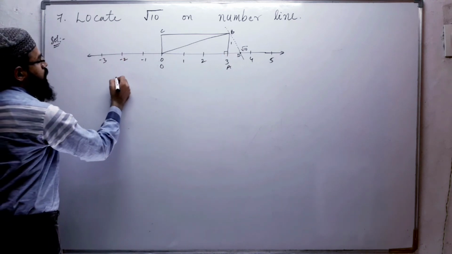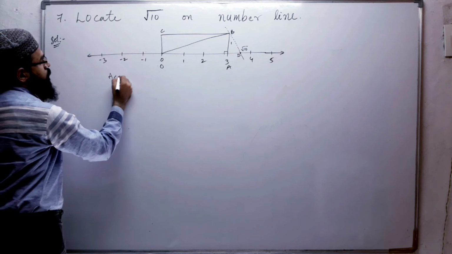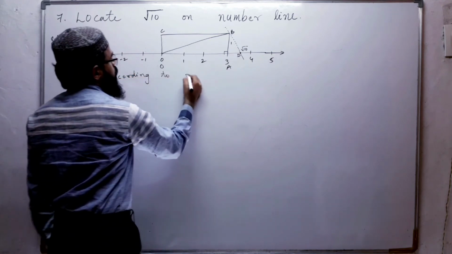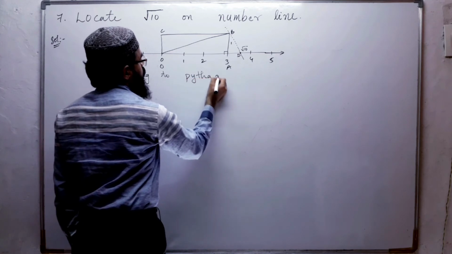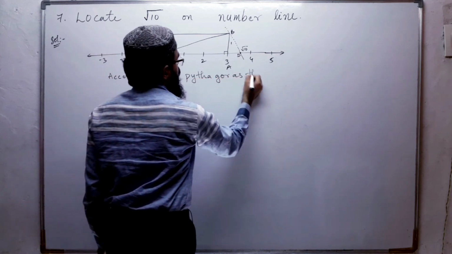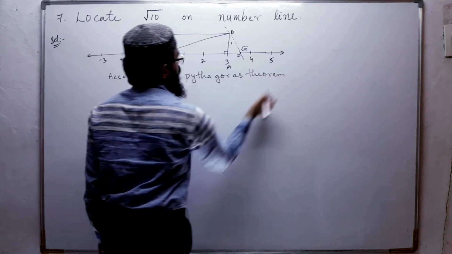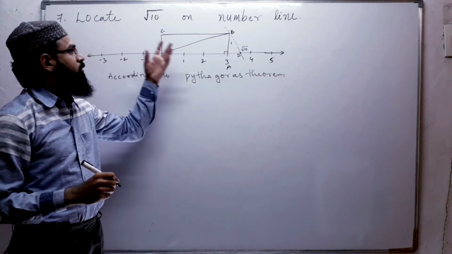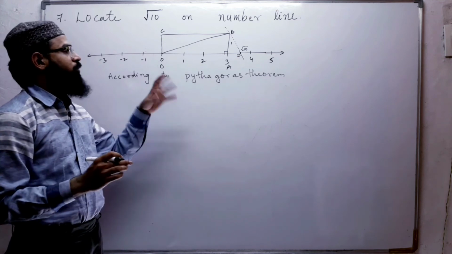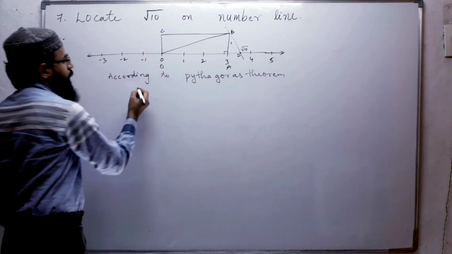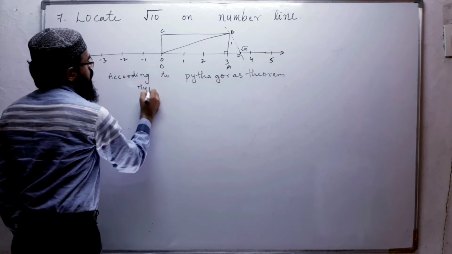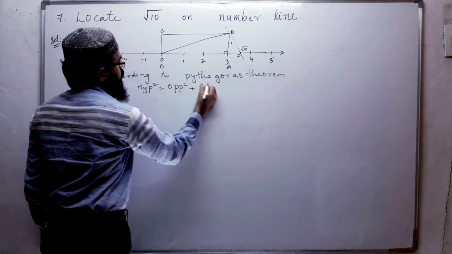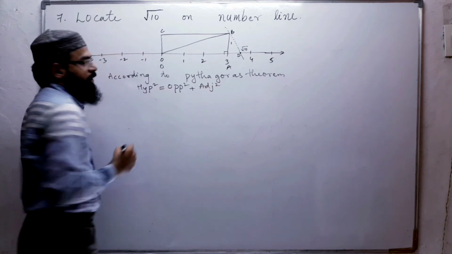So we can write, according to Pythagoras theorem, Pythagoras theorem comes in 10th class, so that's why you need not to worry about that. Let us write hypotenuse square is equals to opposite square plus adjacent square. So this is the Pythagoras theorem.